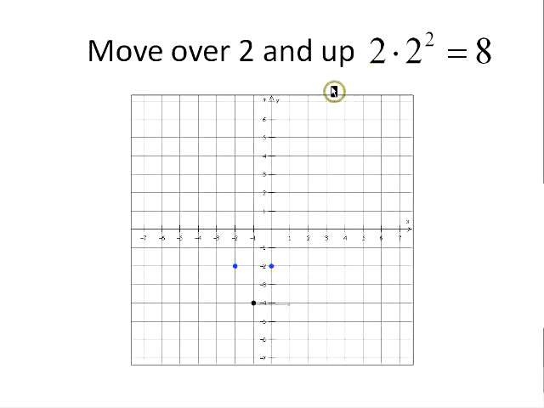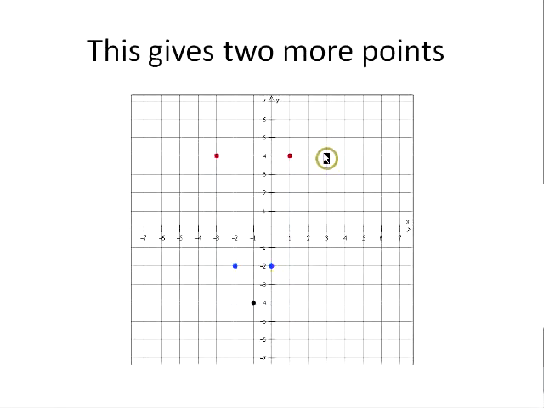So 2 times 2 squared is 8, so we're going to move over 2 and up a total of 8. Now notice that when I went up 8, I went from here 1, 2, 3, 4, 5, 6, 7, 8. We could also move to the left 2 and again up 8. This gives us 2 more points, and this gives us the parabola.